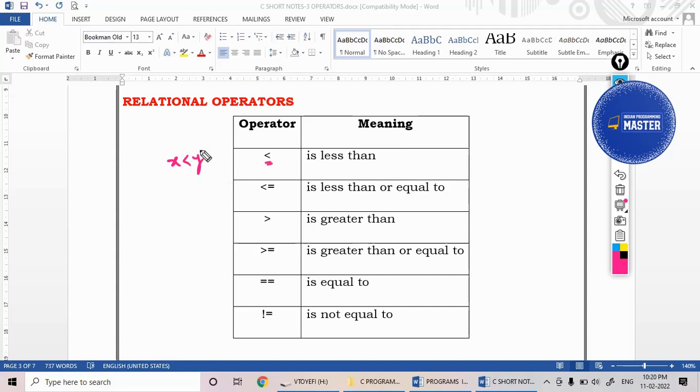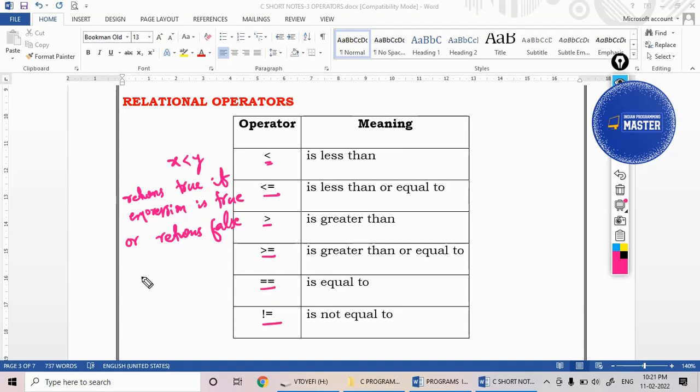Whenever the condition is true, the relational operators return true, or else they return false. Then less than or equal to, greater than or equal to, double equal to, and not equal to.